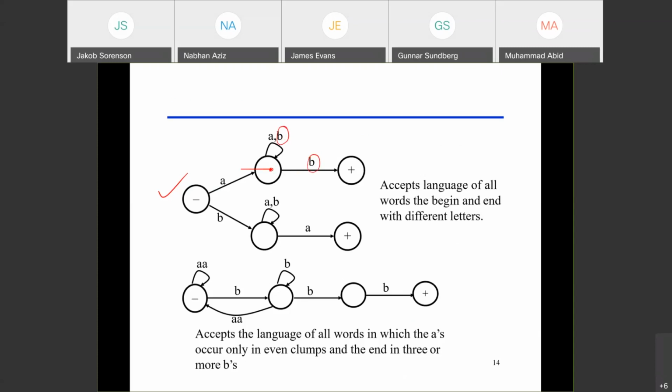This is one of the reasons FA will never have duplicate outgoing edges. This is outgoing. It's a self loop, but it is outgoing. So this is outgoing edge B, and this is outgoing edge B. It is not the case with FA. FA will never duplicate. It has distinct outgoing edges. So Nabhan, your answer is perfect.